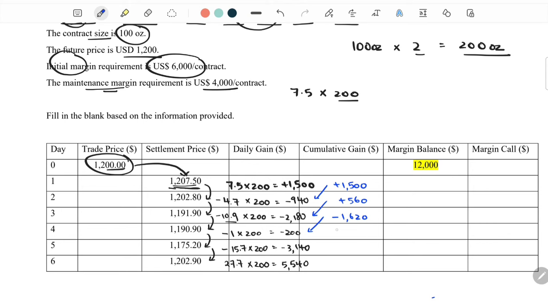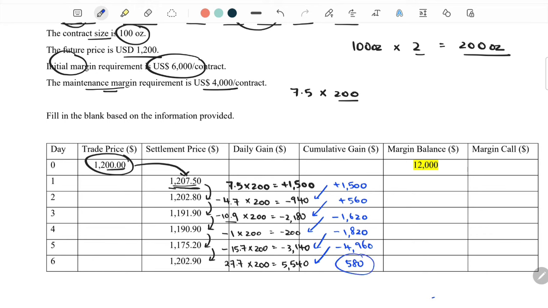Then minus 200 again, we get negative 1,820, and then minus 3,140, so we get negative 4,960. Last but not least, we plus the 5,540 and we get 580. So after the 6 days of trading, this investor earned about 580.